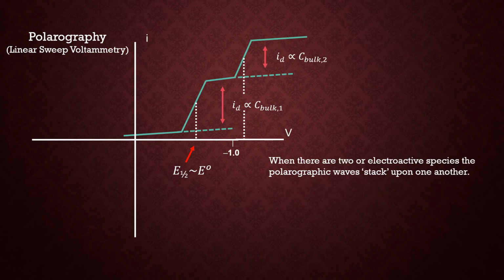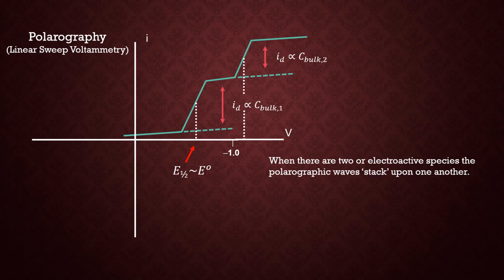And what I did not indicate in part 3 is that there's a superposition of the processes or the observations, so that if you have a mixture of electroactive species that are different, the polarographic waves stack on top of one another, and you read the diffusion currents independently of one another, and likewise with the half-wave potentials as indicated in the diagram.